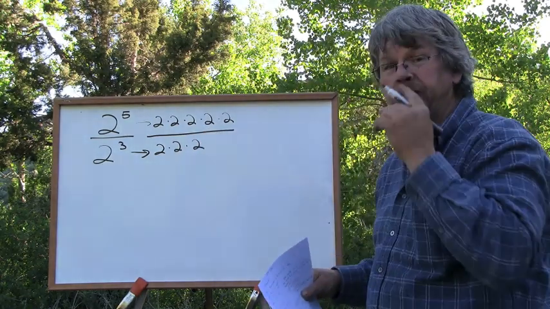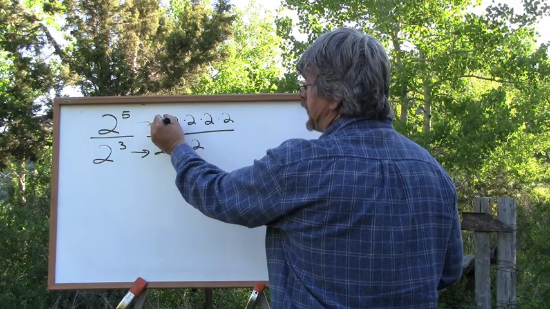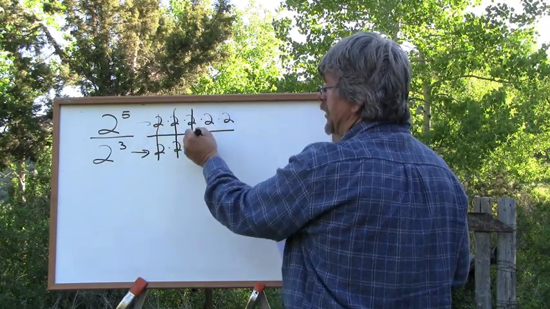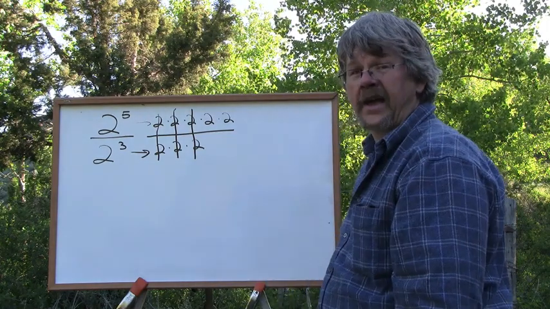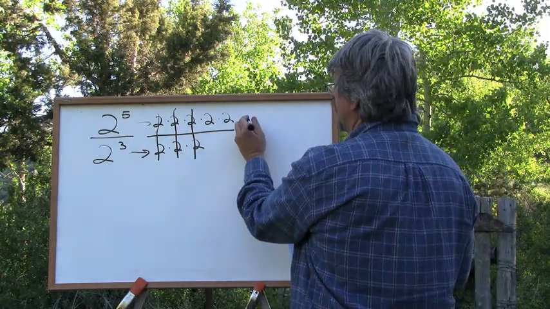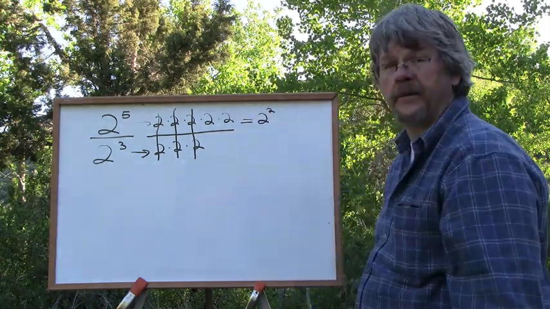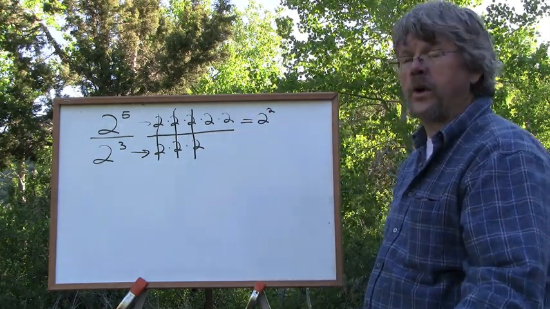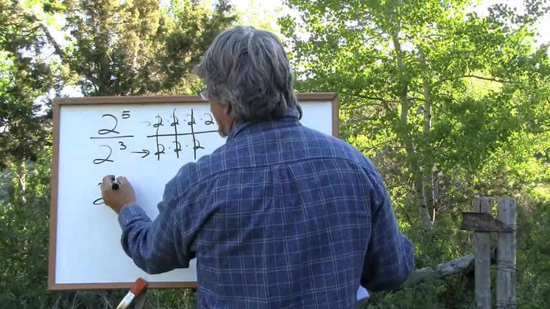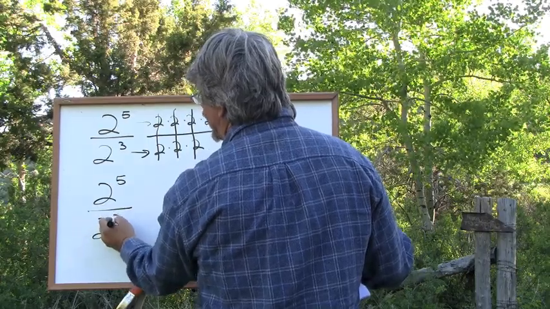you can cancel some 2's. What this is doing is, this 2 will cancel with that one, that 2 will cancel with that one, that 2 will cancel with that one, and what are you left over with? You're left over with 2 to the 2nd. So the rule when we're dividing exponents is we have 2 to the 5th over 2 to the 3rd.